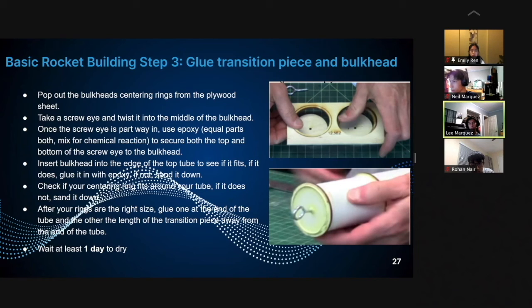And when we put it mostly all the way in, we will glue it with epoxy, and this will secure it permanently to the bulkhead. And we will epoxy the bulkhead to the smaller tube, the top tube, and we will also glue the centering rings on the outside of that tube. And we will wait for 1 day for the epoxy to dry.